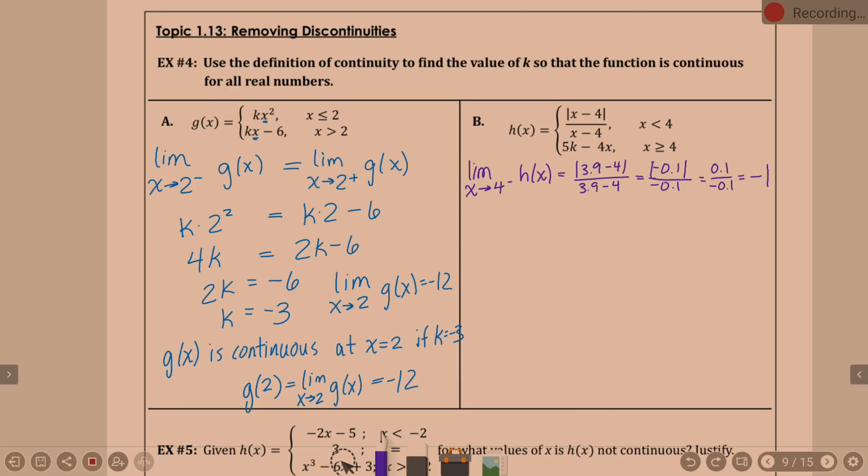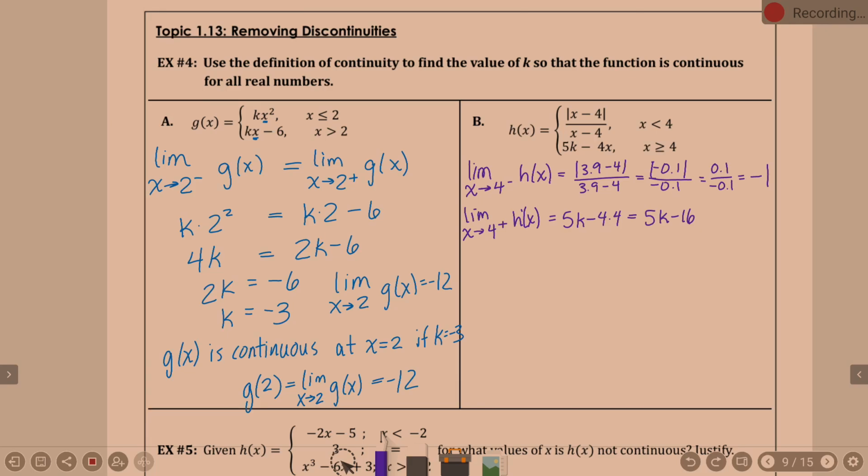What about the limit as x approaches 4 from the right of h of x? Now, on the right, can we just plug in 4? Yeah, we don't have the fraction issue or whatever, so if we plug in 4, 5k minus 4 times 4 is going to be what? 5k minus 16?